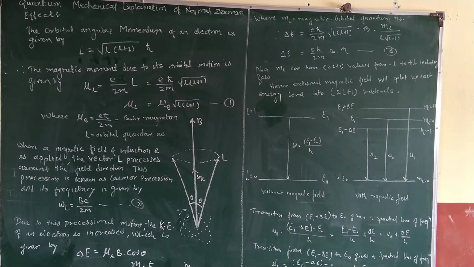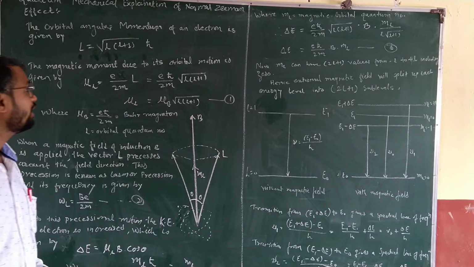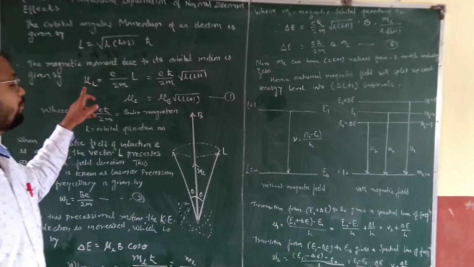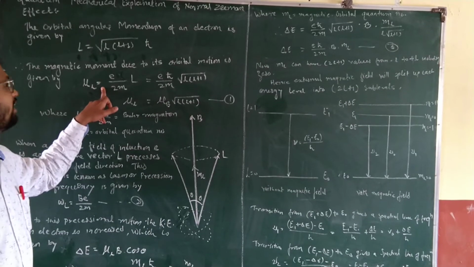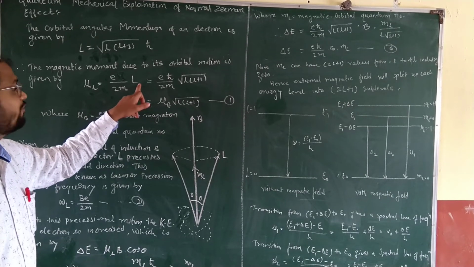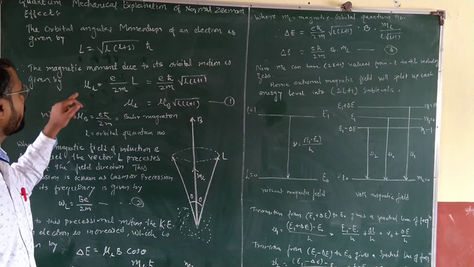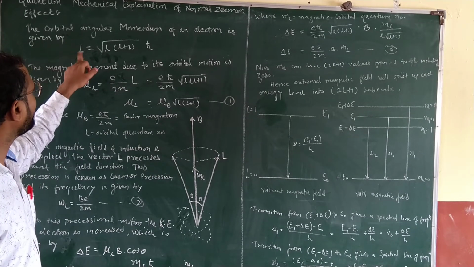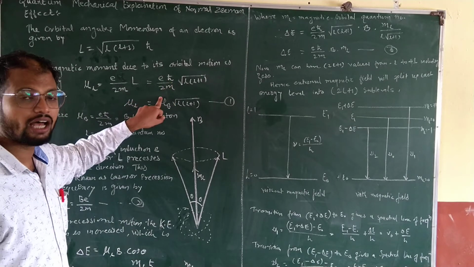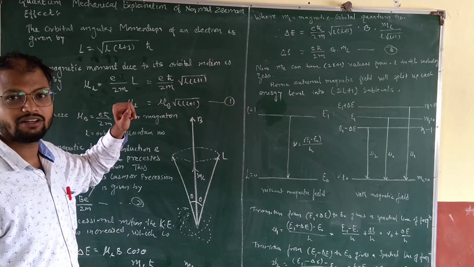Therefore, the magnetic moment due to its orbital motion is given by mu_l equals e upon 2m into L, where L is the orbital angular momentum. Putting in the value of the orbital angular momentum, we get e h cross upon 2m times the square root of l(l+1).